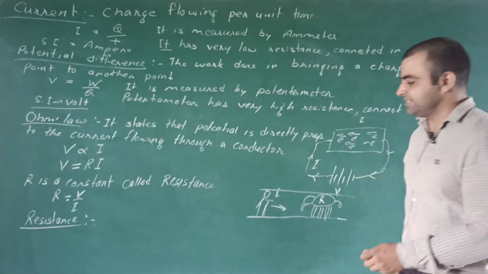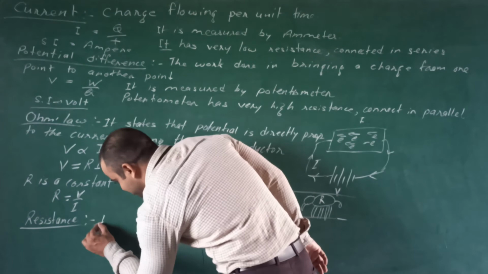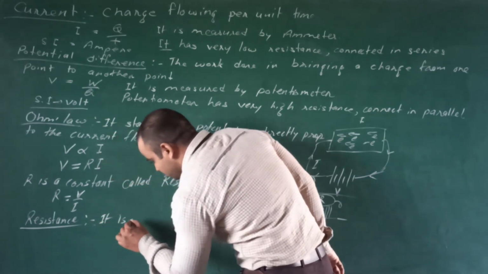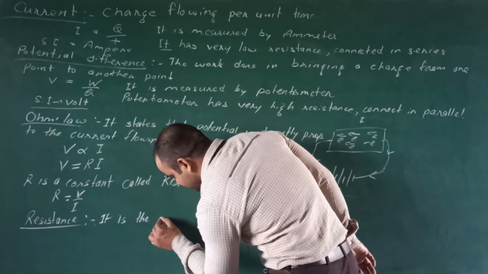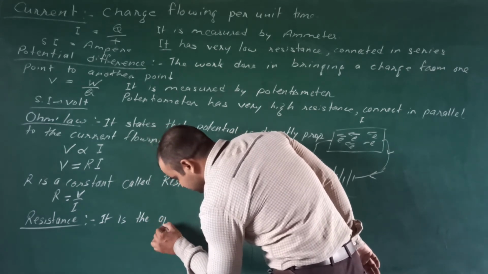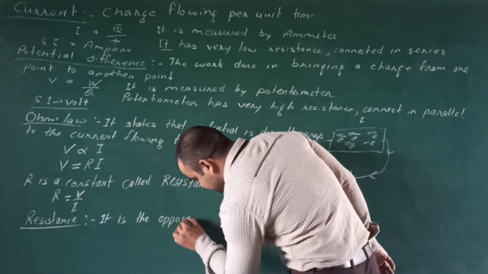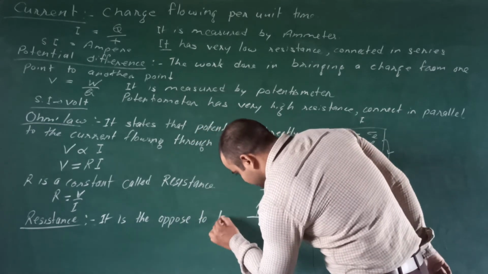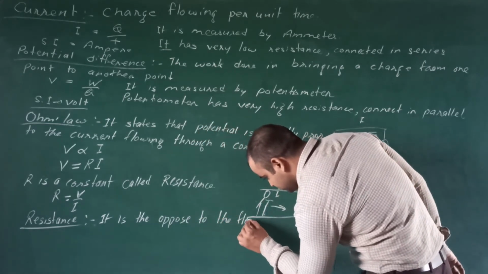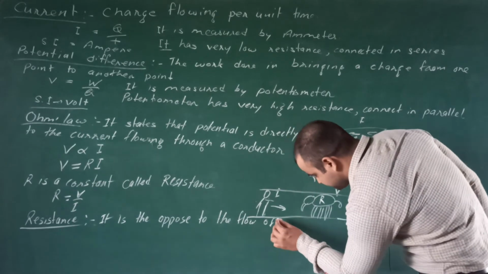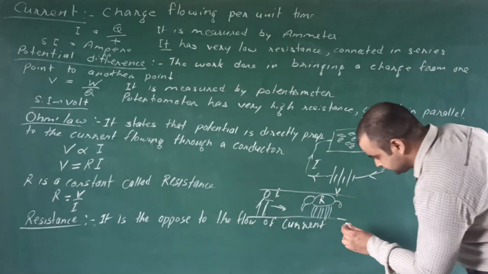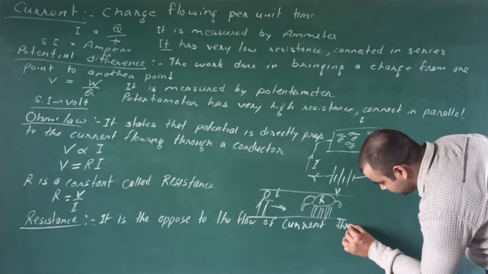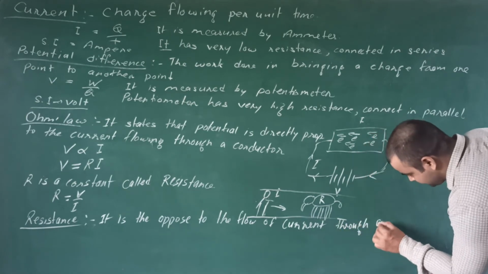So what is resistance? It is the opposition or obstruction to the flow of current through any conductor.